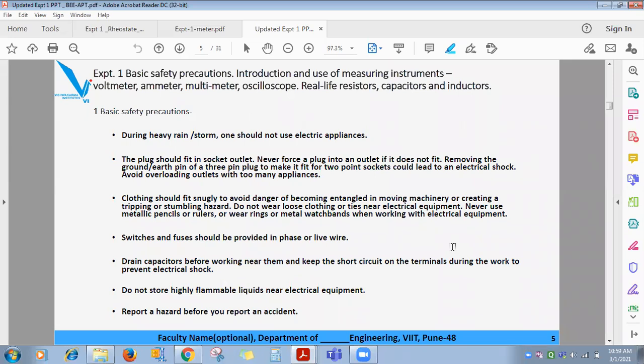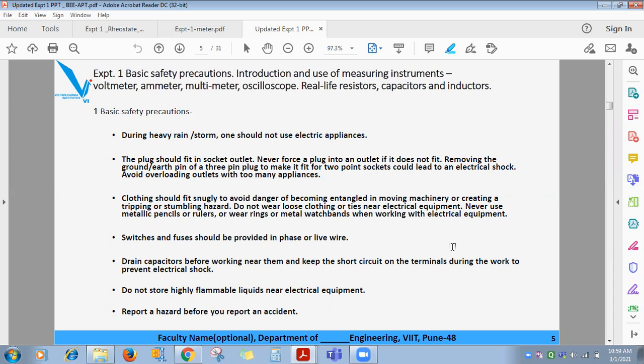We can't see it. It is buried under the wall plaster, under the ground. So how to test whether the earthing connection is continuous or not? If it is in a breaking condition, what will occur? You will get shock. So I wanted to check whether that earthing connection is proper or not.